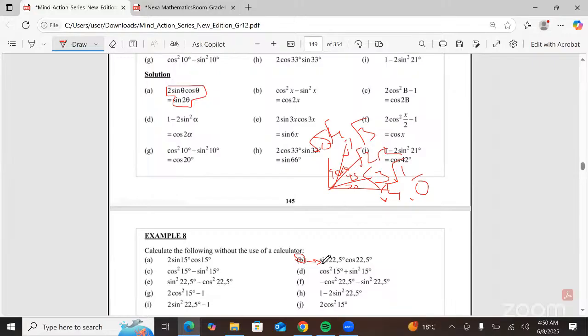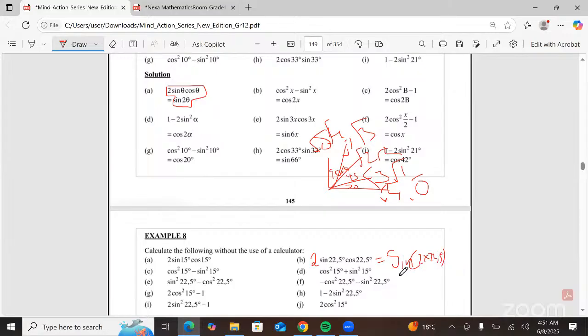So if we multiply by 2, you are saying we should multiply by 2. Then we get sine 2 times 22.5.